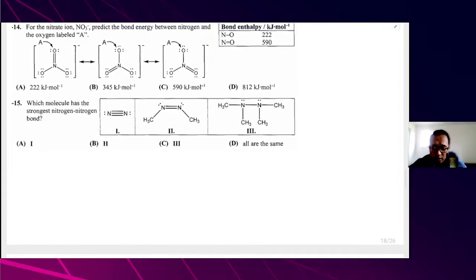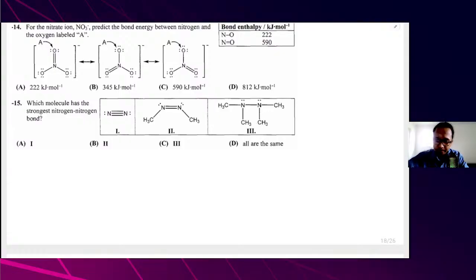For the nitrate ion NO3 minus, predict the bond energy between nitrogen and oxygen, level A. That's interesting, because we need to know the number.